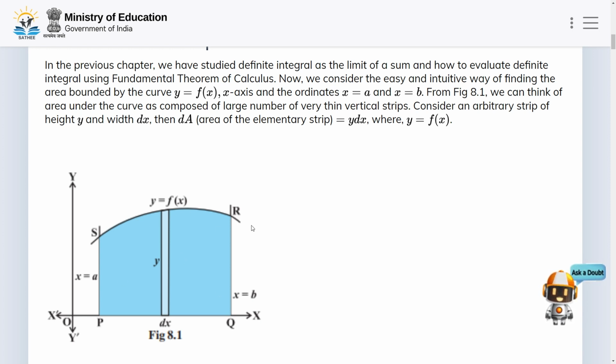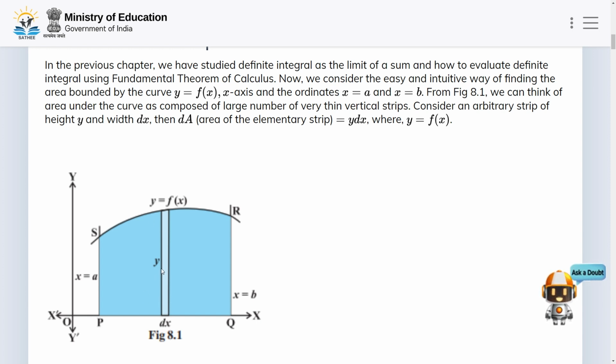Now as you can see in figure 8.1, we can think of the area under the curve as composed of a large number of very thin vertical strips. Suppose you have this closed area. Now you cut out small strips in the shape of rectangles. This rectangle's width is dx and its height is y, where y is your f(x).